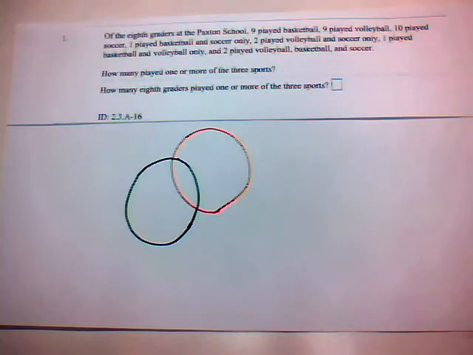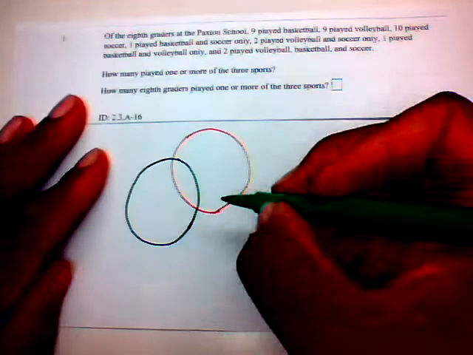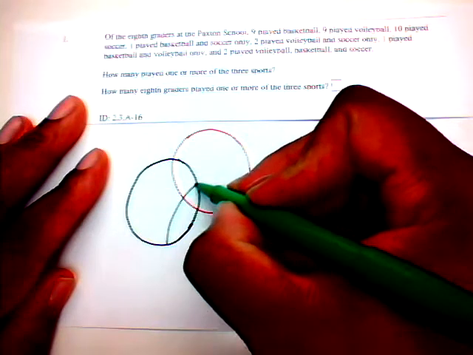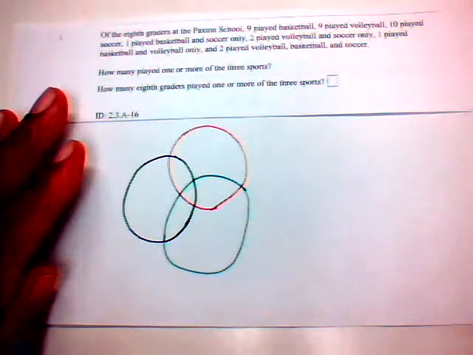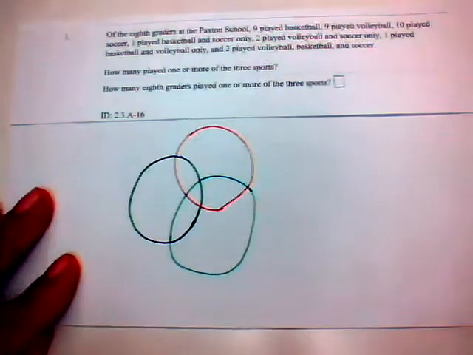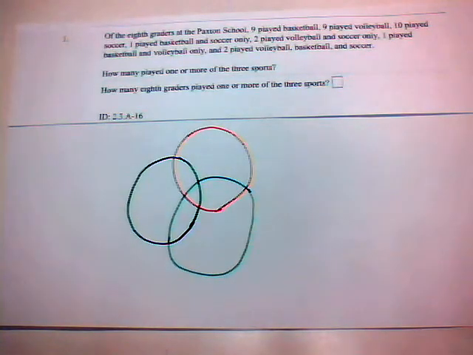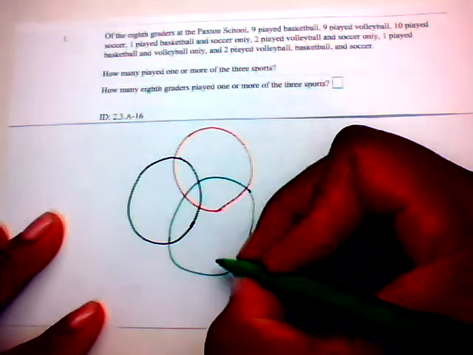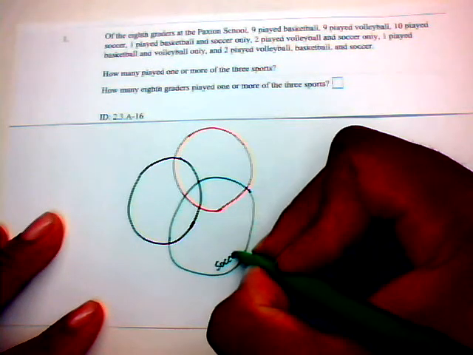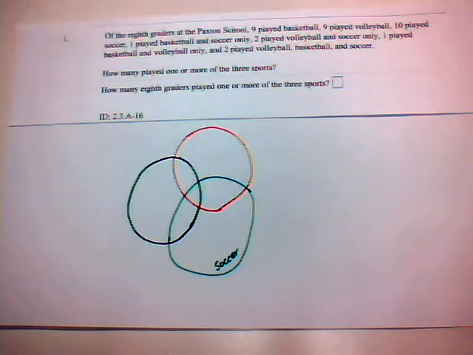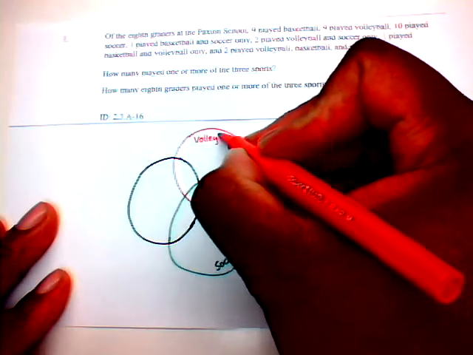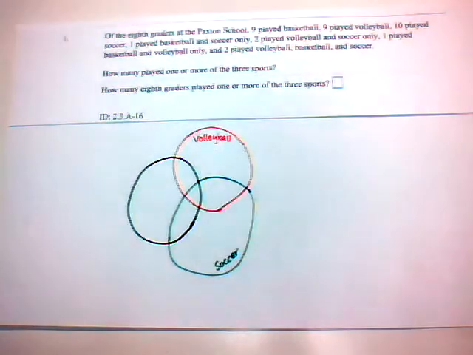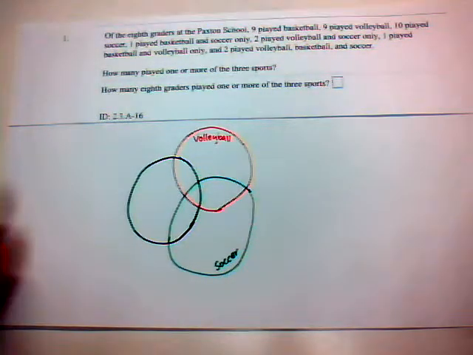And here's the third. Now notice how these circles are intersecting. And I'm going to let the green circle be soccer. The red one will be volleyball. And the black one will be basketball.